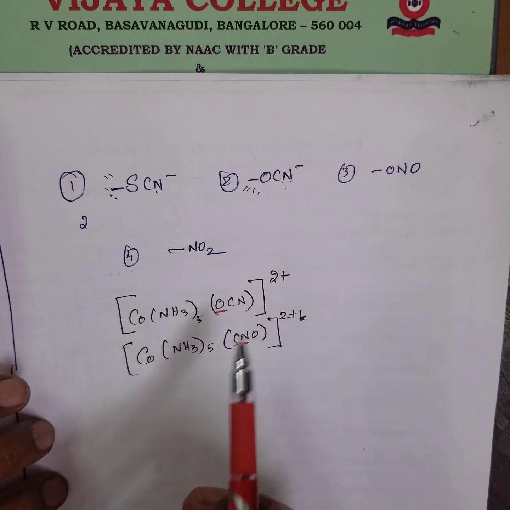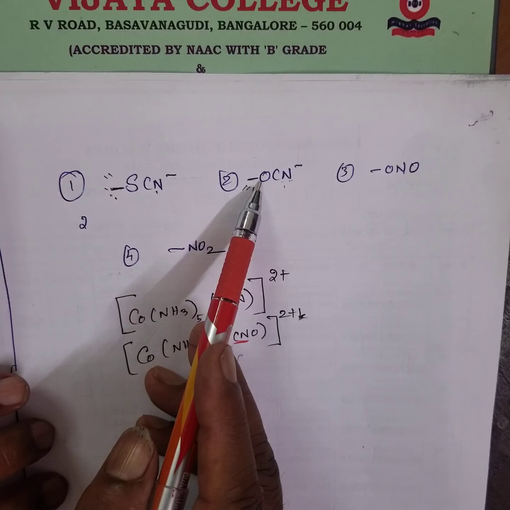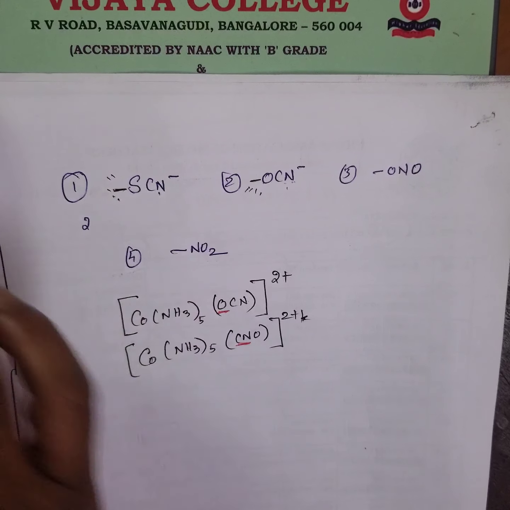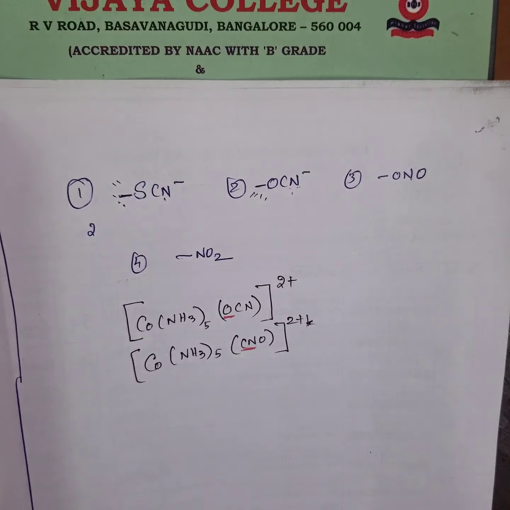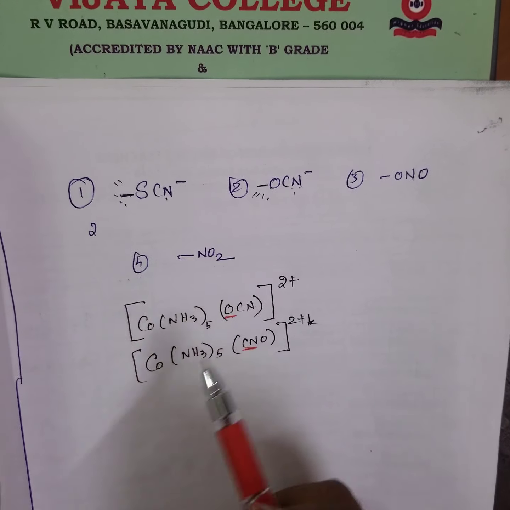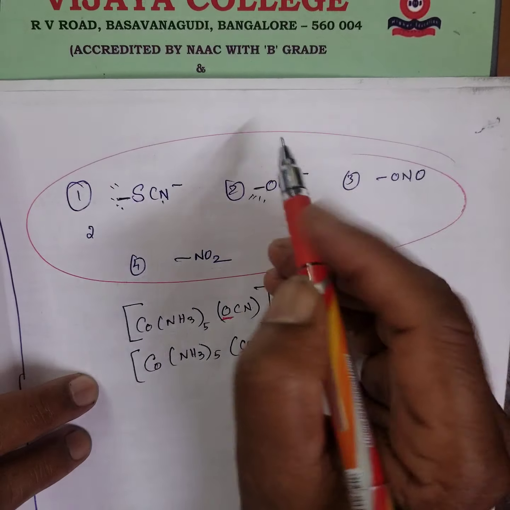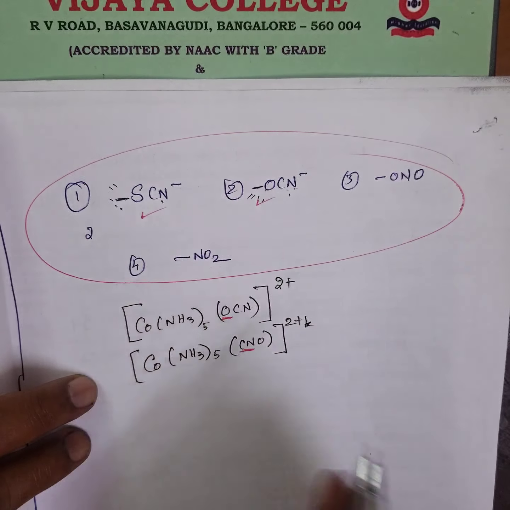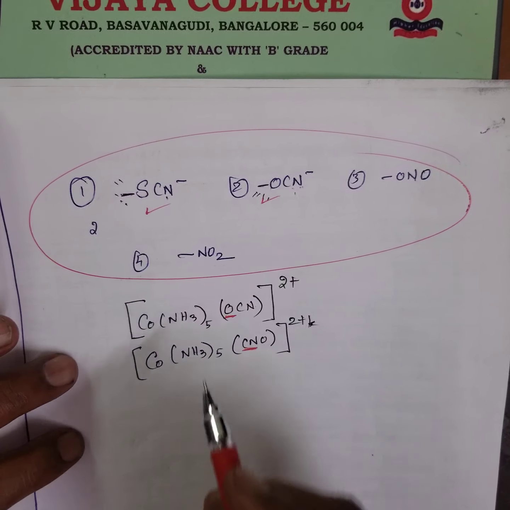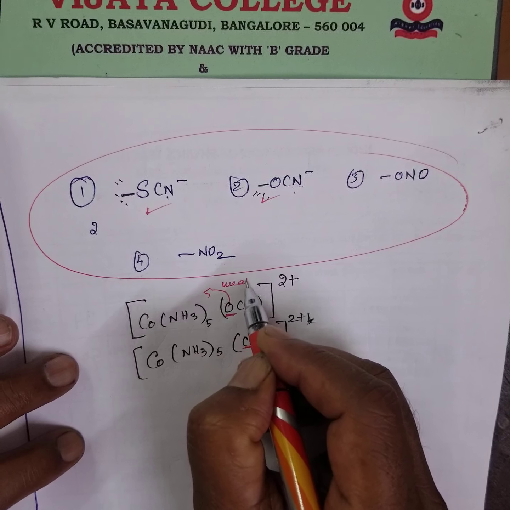In that way we can say it is the donor. Okay. Which is facing the front? Here sulfur is the donor. Here oxygen is the donor. Which is the strong field ligand? They may ask you a question: out of this, which is the strong field ligand? These two at present. See, oxygen is a donor, therefore it is a weak field.